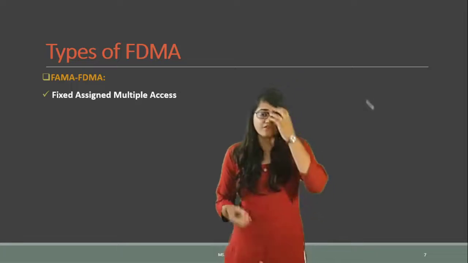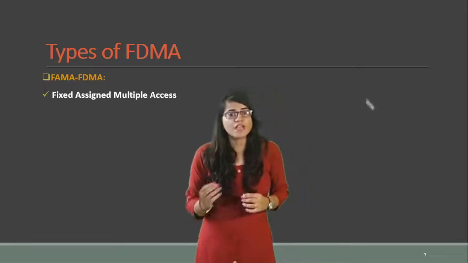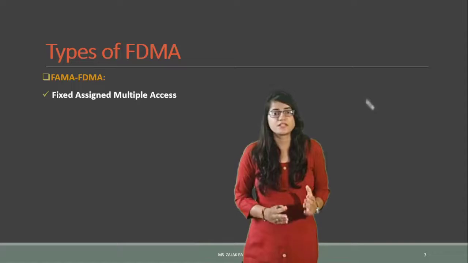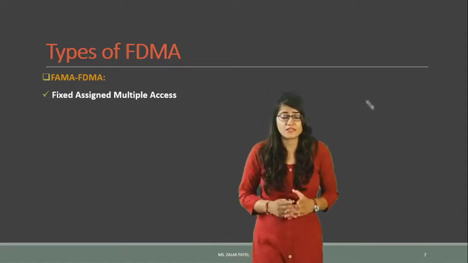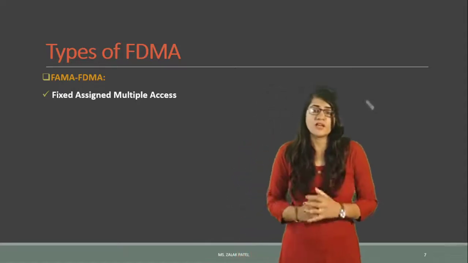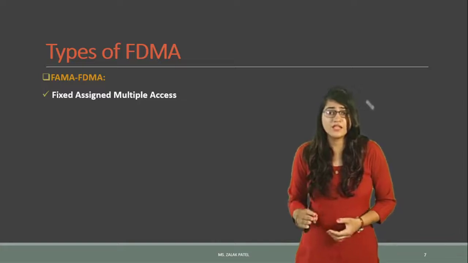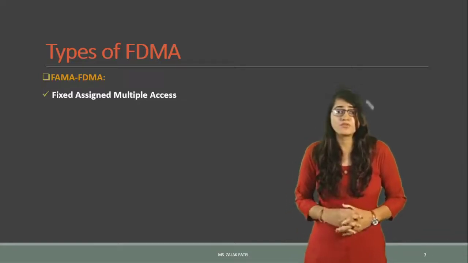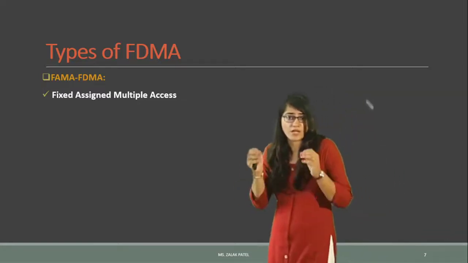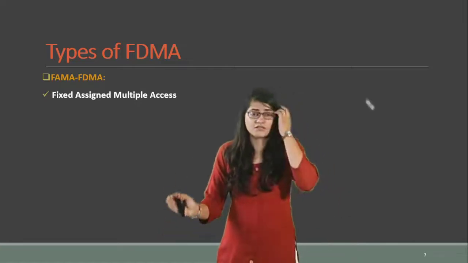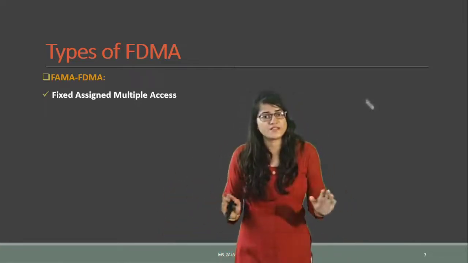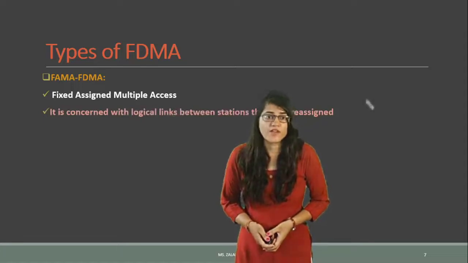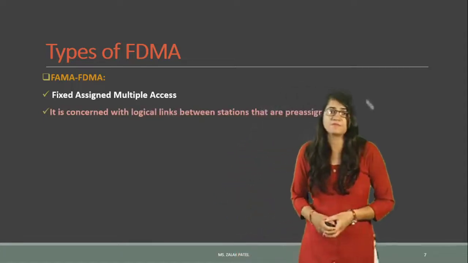Because of this fixed channel assignment, a particular user uses the same set of channels, and if that user is not active, then the other user cannot use that particular channel, meaning it is completely wasted. So this is the case of FAMA-FDMA.